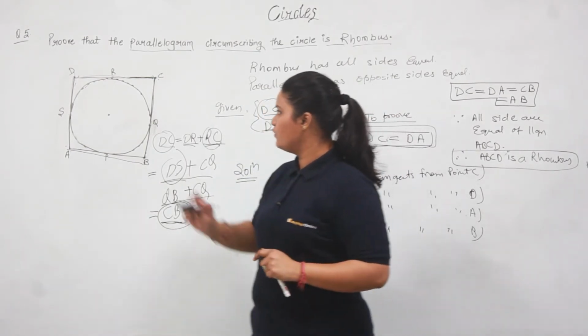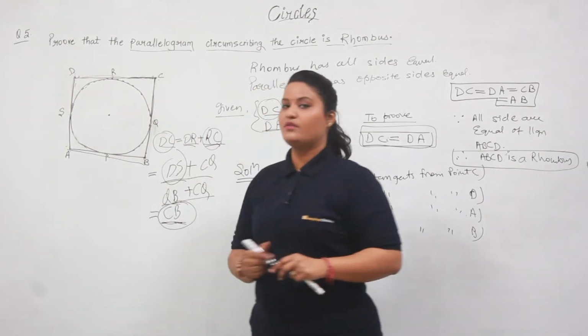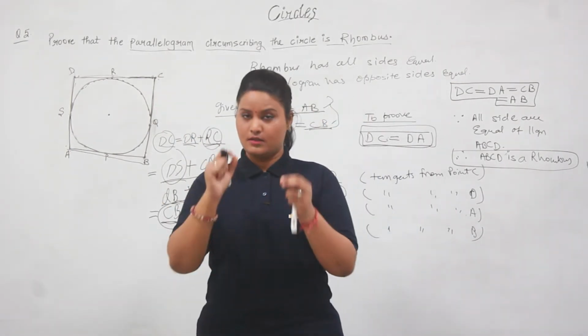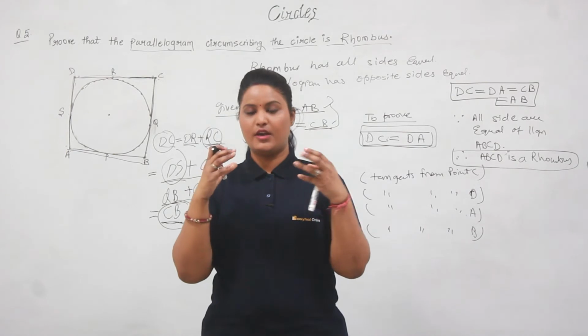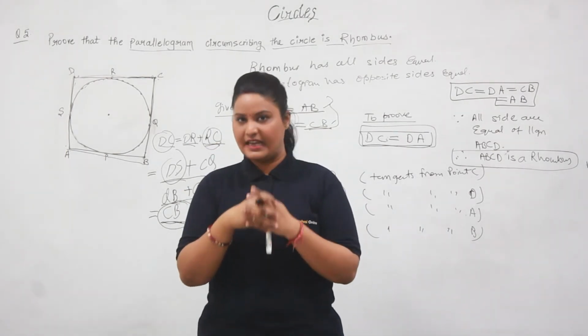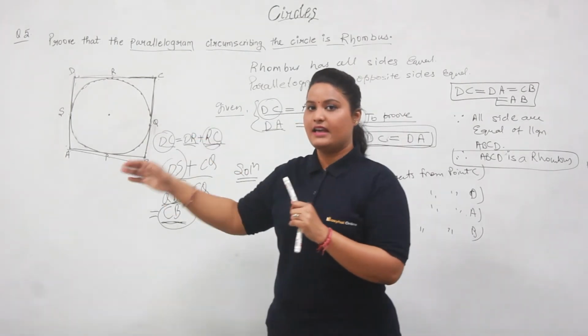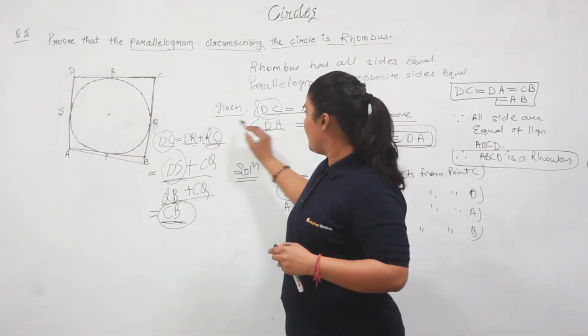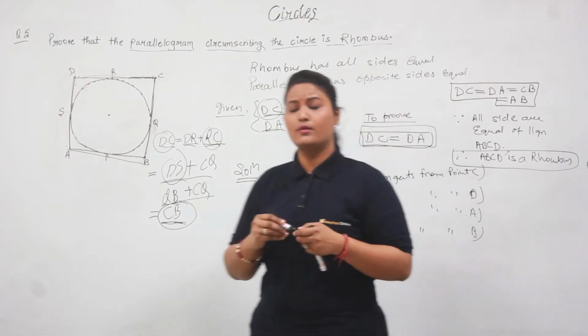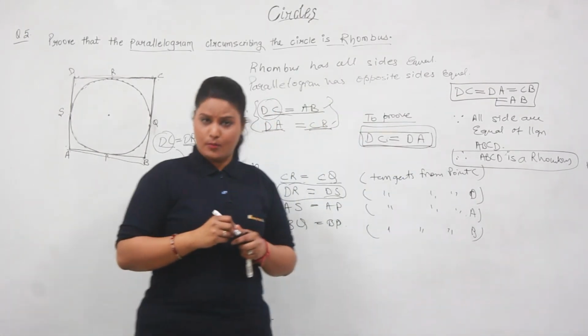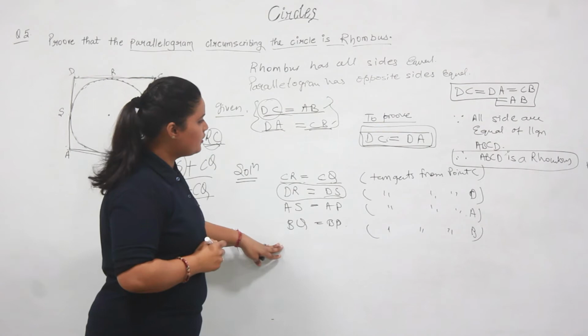I just took the property of the tangent, that the tangents from an external point to the circle are equal. That is why I broke the lines and then applied the rule that a parallelogram has equal opposite sides, and continued solving it.